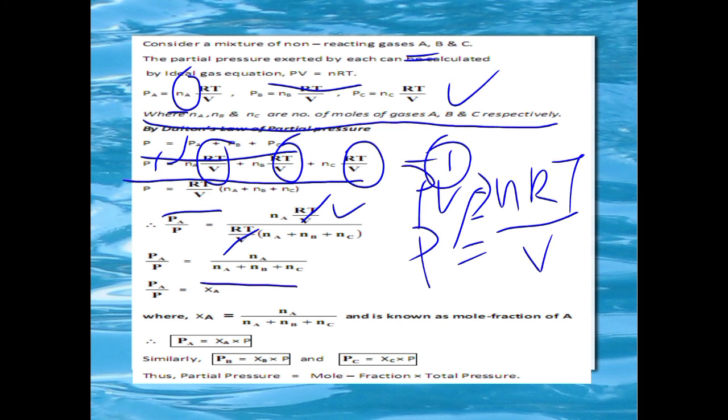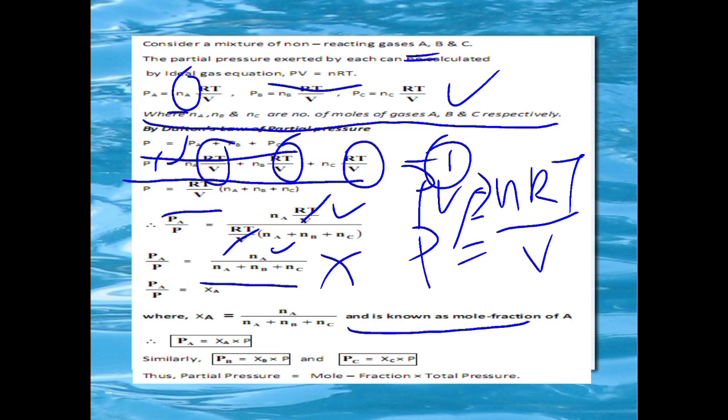What is this Na plus Nb plus Nc? It is the total number of moles. So the number of moles of A divided by the total number of moles is known as the mole fraction. This mole fraction can be denoted by the letter chi, where chi A, the mole fraction of A, is equal to Na by Na plus Nb plus Nc.